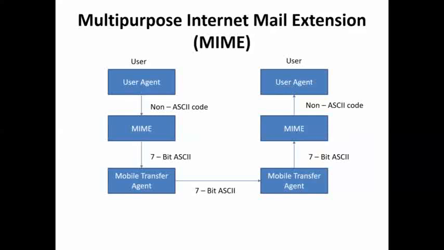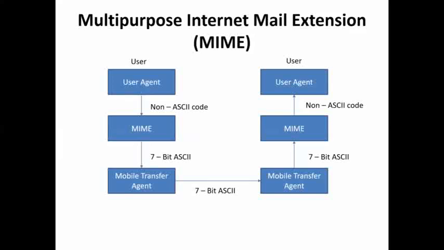At the receiver side also, for collecting this 7-bit ASCII data, I use the mail transfer agent again. It delivers the 7-bit ASCII code to the MIME at the receiver side. What does MIME do there? Again, it converts 7-bit ASCII code into non-ASCII code, and it is sent to the receiver through the user agent. This is how MIME works.